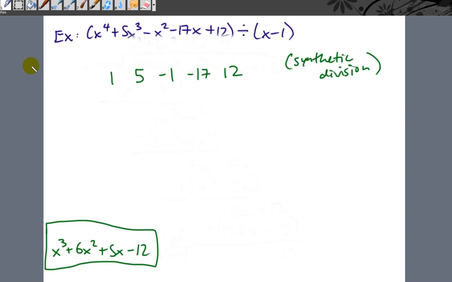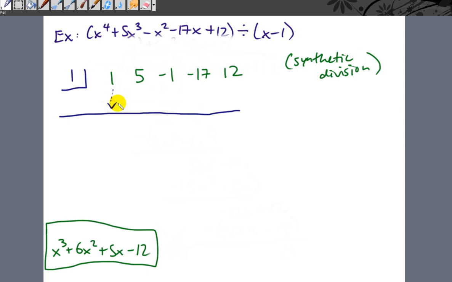Okay, recall that we have x minus a, right? If we write x minus 1, well, a is obviously 1. So what that means is 1 is the lucky number that goes here. Okay. So now we're going to go and synthetic divide this.